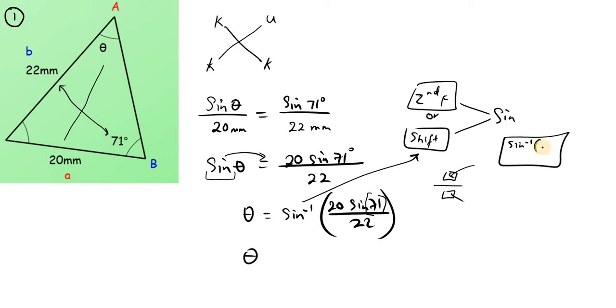And so here, you will enter the information: 20 sine 71 divided by, so be careful when you're entering this. You say 20 sine, open bracket, 71, close bracket, then put division, and then press 22. Then, of course, you close bracket. Remember, you want to close this bracket when you're done.